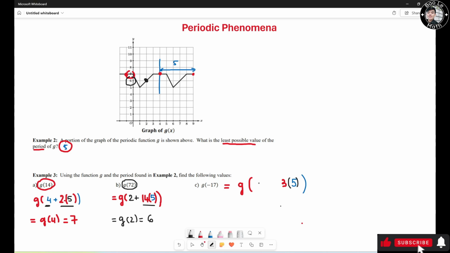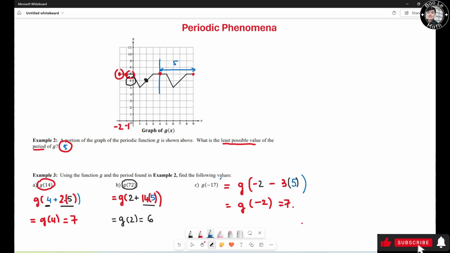So I have 2 as a remainder, right? So I put 2 right here, right? So now I have the negative side right here. So does that mean negative 2 minus 15 is going to be negative 17, right? So this is the same thing as g of negative 2, right? Now g of negative 2 is going to be right here, right? This is negative 1, negative 2. So the answer is 7, right?